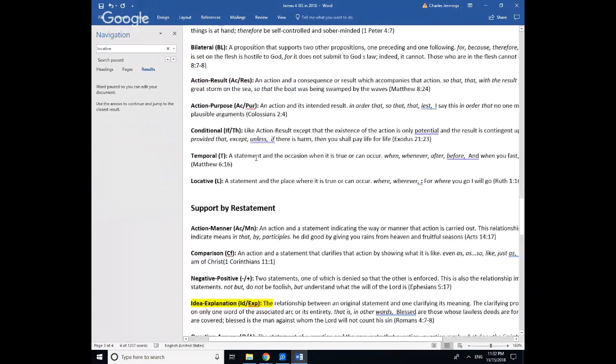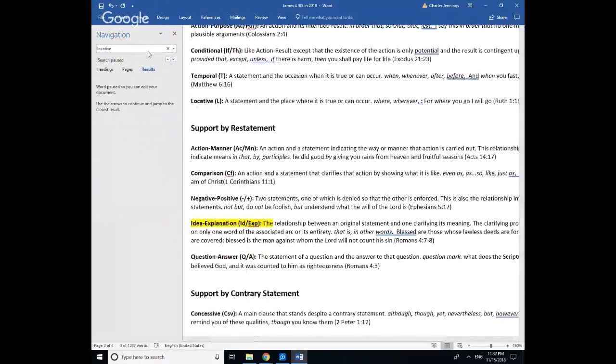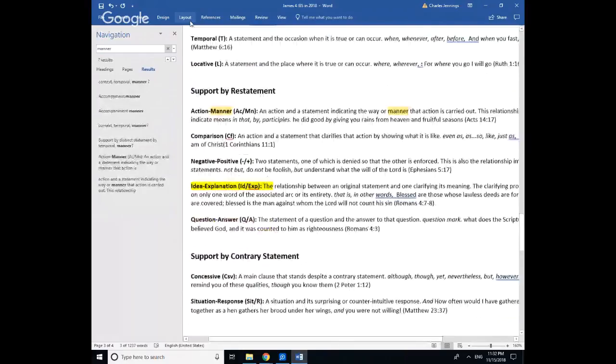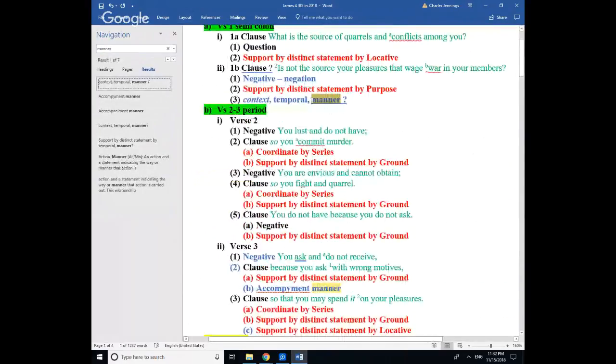But they're saying that these show restatement. So now we'll be doing restatement. When we say restatement, restatement just means it's repeating.